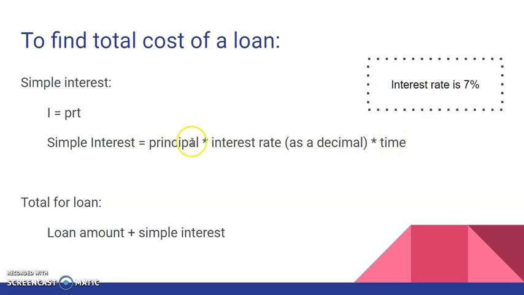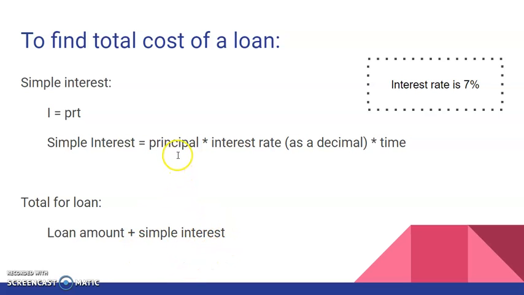You get to play around with your principal and your time. So how much you're asking for and how long you're going to have the loan for. To figure out the total loan payment, you have to do how much you're asking for plus your interest.